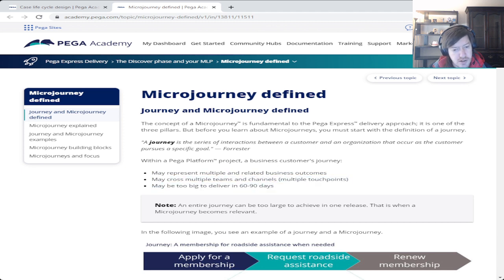Why did they go so specific on 60 to 90 days? I don't know, whatever. We'll move on. An entire journey can be too large to achieve in one release. That is when a microjourney becomes relevant.